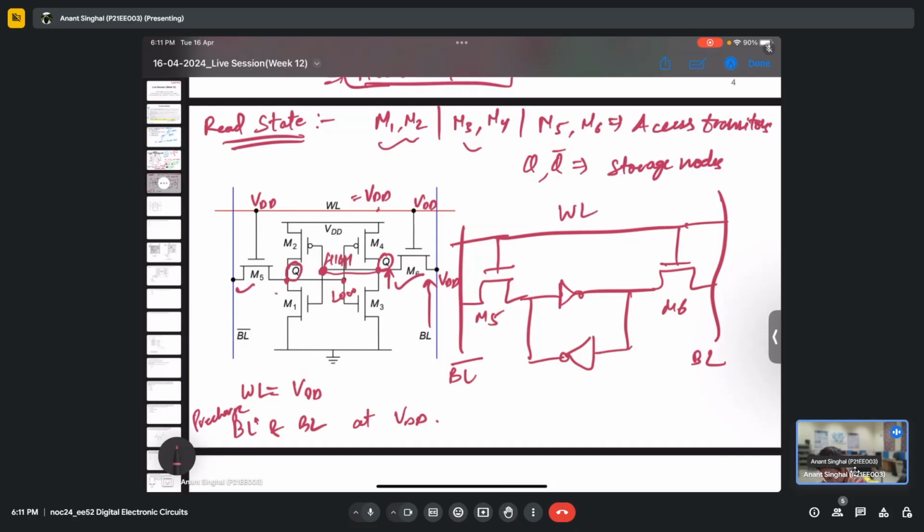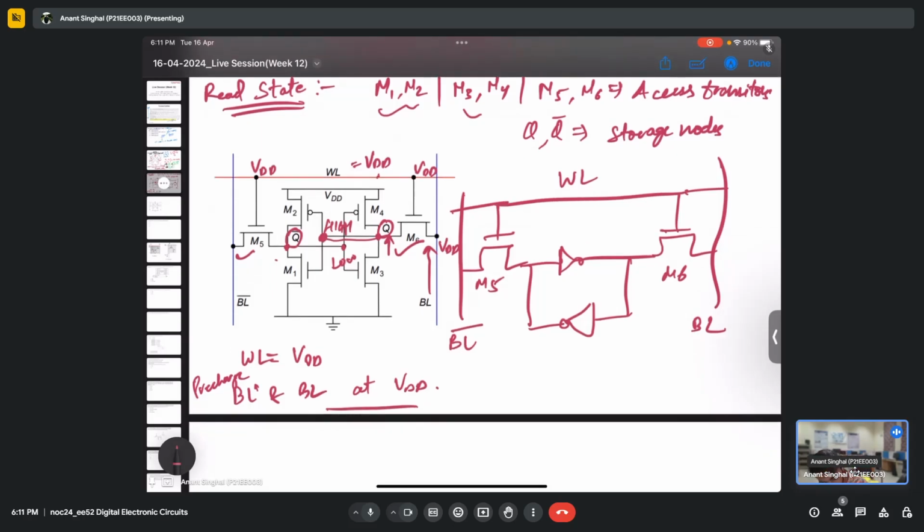So this is what we are doing. This is the basic operation, and what is happening here? We are just reading the bit. Once it conducts, whatever the Q is, we will read that. That is why we call it a read operation.